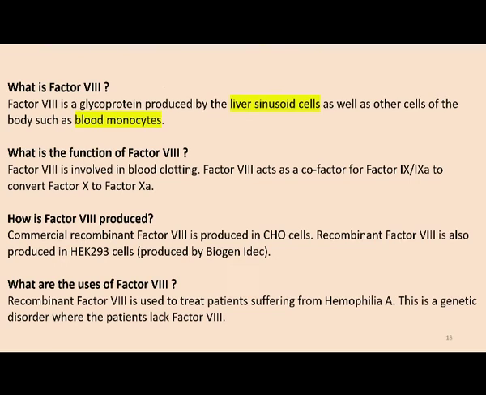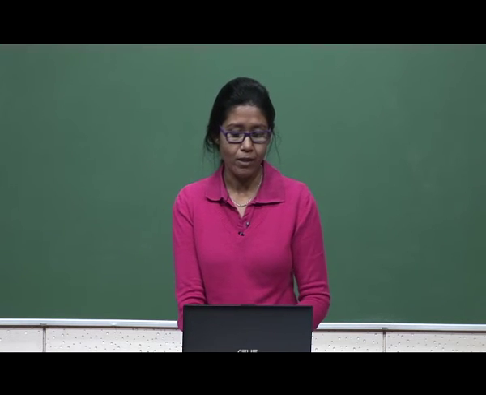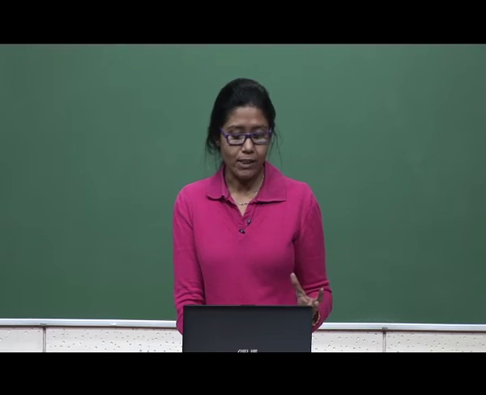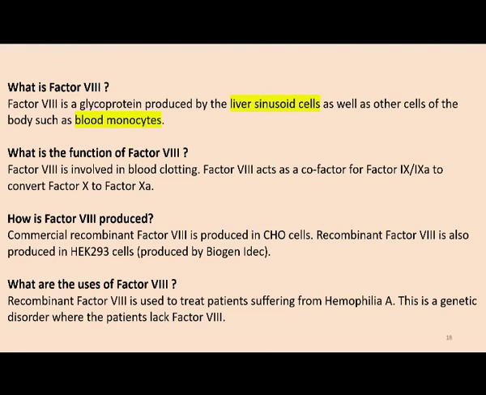Clotting factor 8 is again a glycoprotein, and as I have already explained, it is a cofactor for factor 9. And clotting factor 8 is involved in the production of factor 10A with the help of factor 9A.